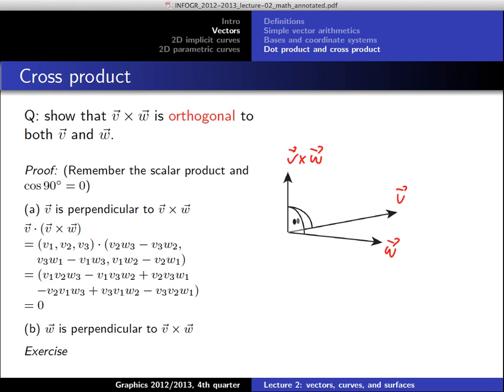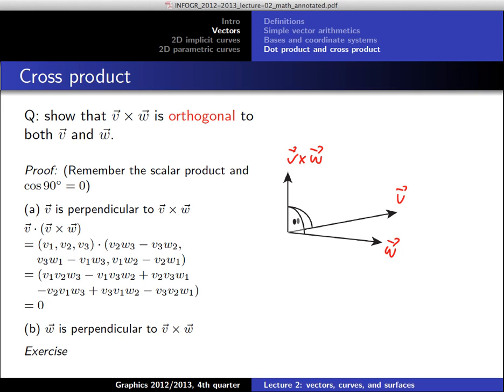I already told you in the first part, there were a couple of situations where I said we could do an arithmetical proof about it, and you should do this in the tutorials. But you probably don't know how to do it, and that's why I have this example here, because this is actually very simple. We can prove this by remembering that the scalar product is 0 when the two vectors have a right angle.